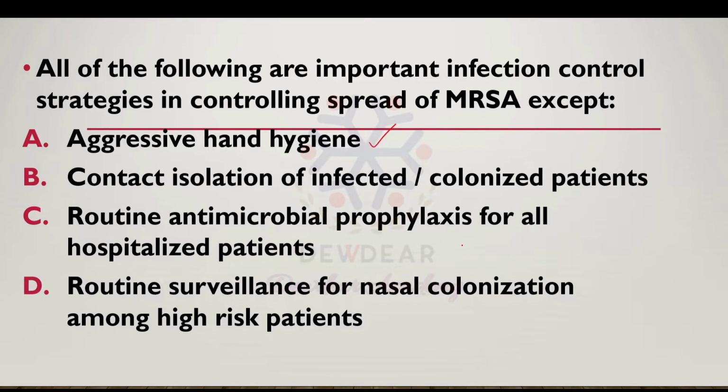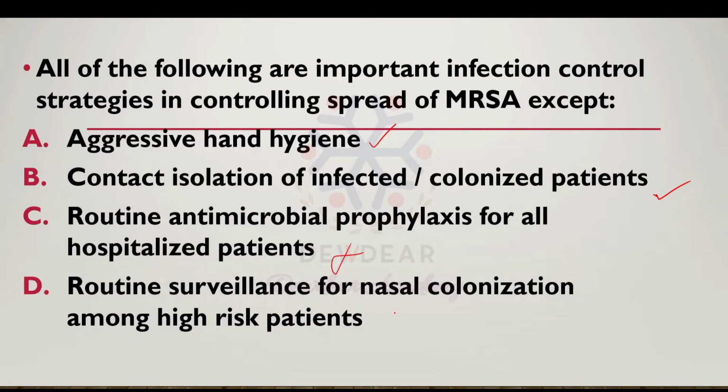Then contact isolation of the infected or colonized patients is also an important infection control strategy. Then routine antimicrobial prophylaxis for all hospitalized patients, that is not an important infection control strategy in controlling the spread of MRSA. It is not there.